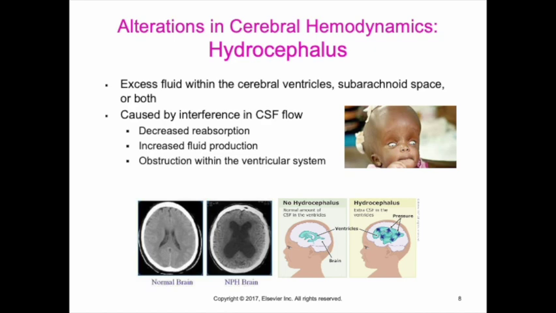Hydrocephalus can develop in infancy all the way through adulthood. When we say communicating versus non-communicating, this means that the areas, the ventricles, have a connection to one another.